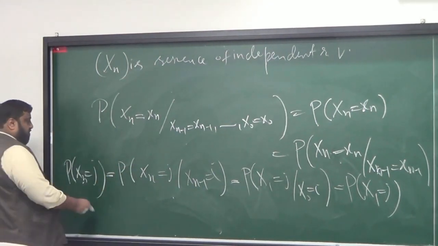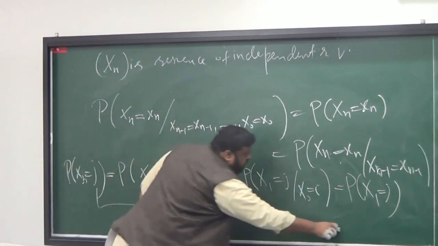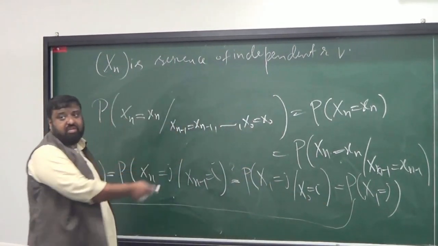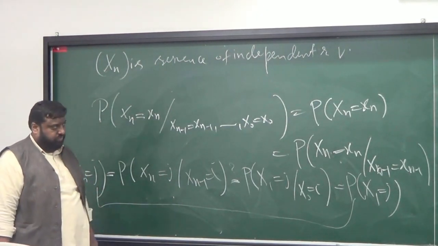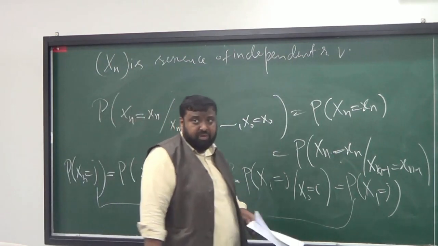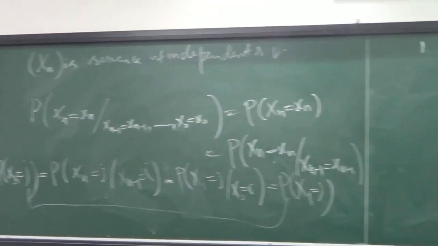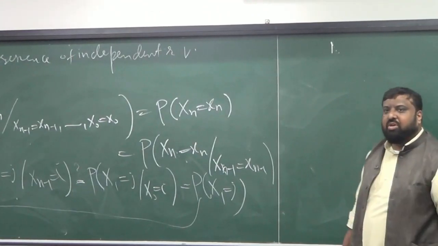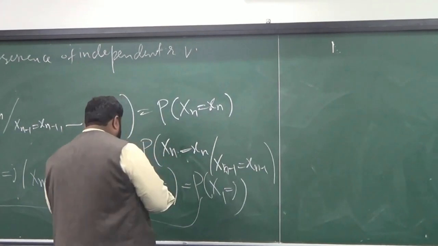So if I want them to be equal, and if I assume these two things, I can have this property. That's a very abstract example. So every IID sequence is a Markov chain, not only a Markov chain, but a homogeneous Markov chain.